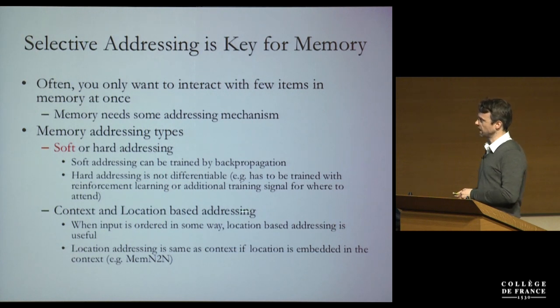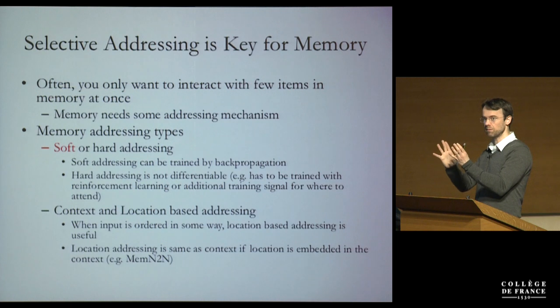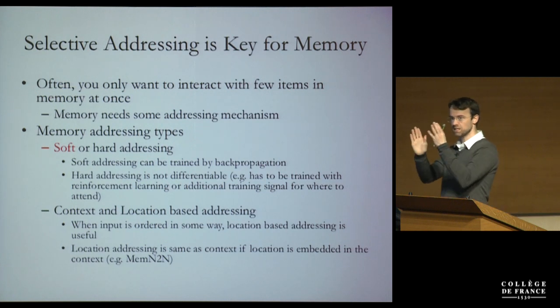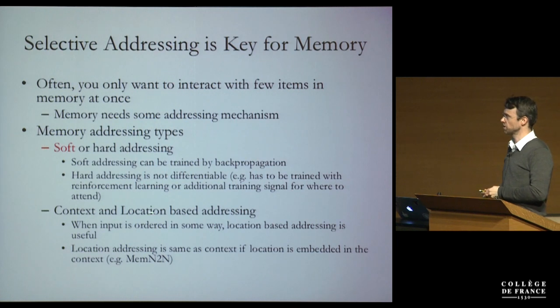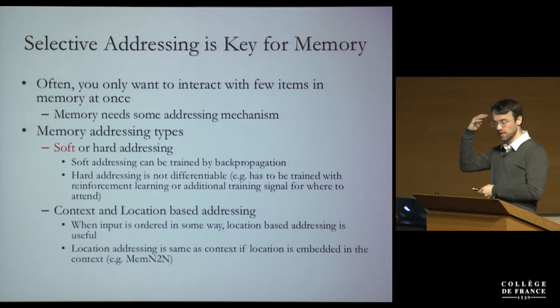The other thing you can have is addressing based on context. That is, you might have some kind of associative memory. You have a vector, and you want to find similar vectors in the memory. That's one method. And then the more traditional sense of memory, which you have in a computer, is location-based.